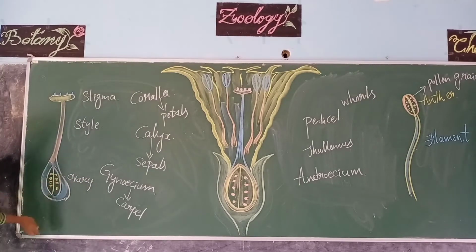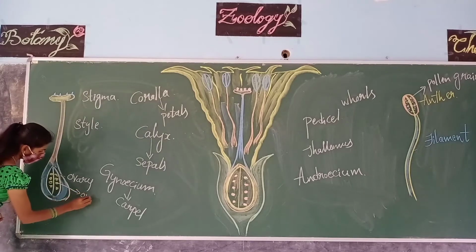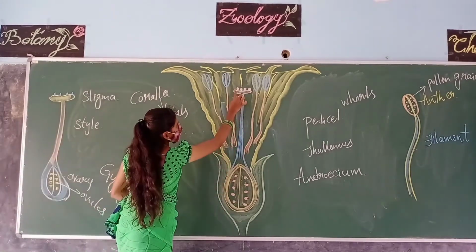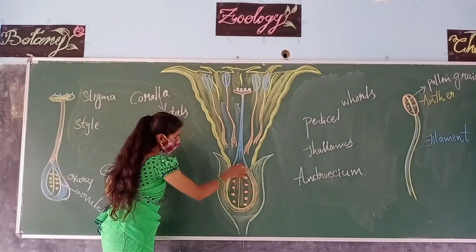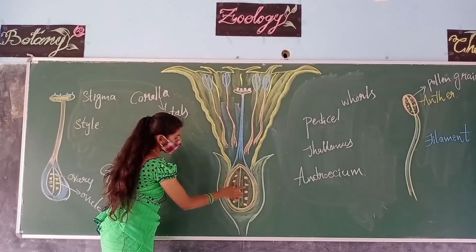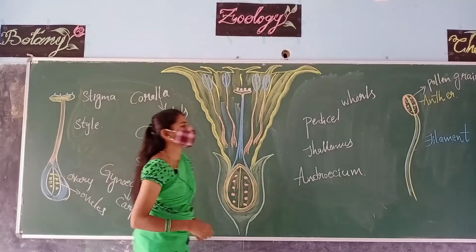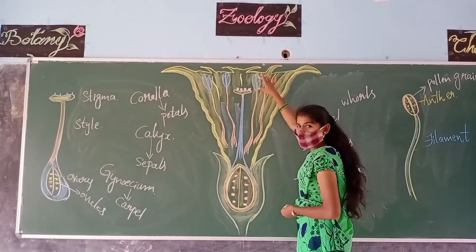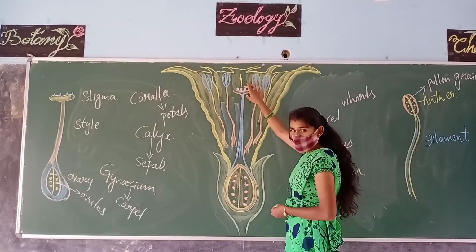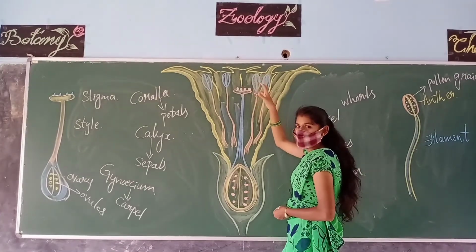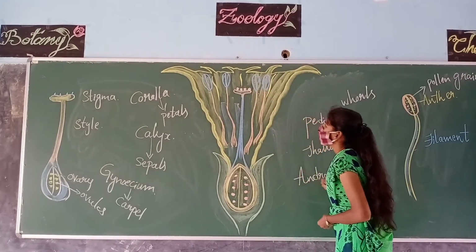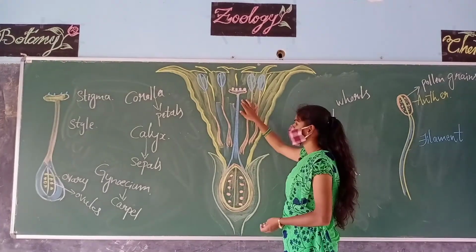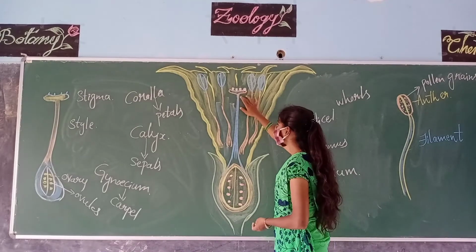Inside the ovary we have ovules. You could see here clearly: stigma, style, ovary, and inside the ovary we have ovules. For example, from this anther, the pollen grains fall on this stigma, right? Whenever the pollen grains fall on this stigma, they travel through this style.